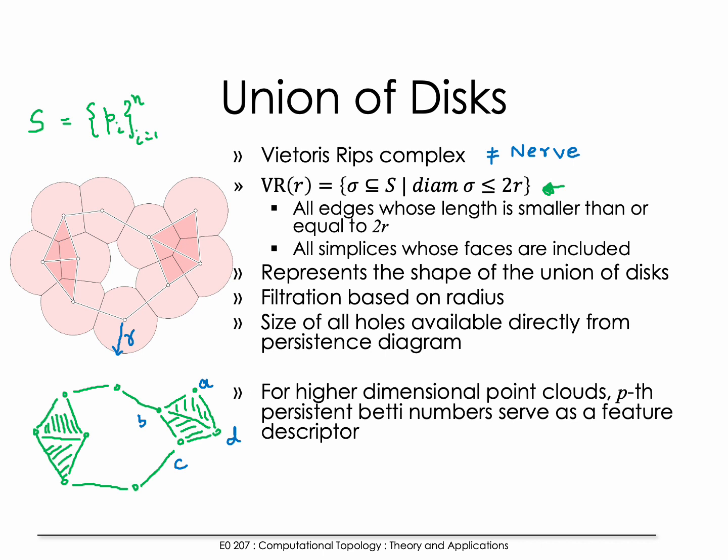Now, if we want to talk about the shape of these points in higher dimensional space, let's assume that these points are sampled from some surface or some submanifold in higher dimensional space. So these points are merely a sample. We can use the Vietoris-Rips complex to represent the space from which the points are sampled. So that is the role of the Vietoris-Rips complex. However, what value of r do you choose?